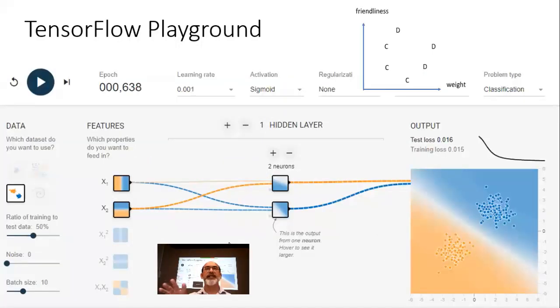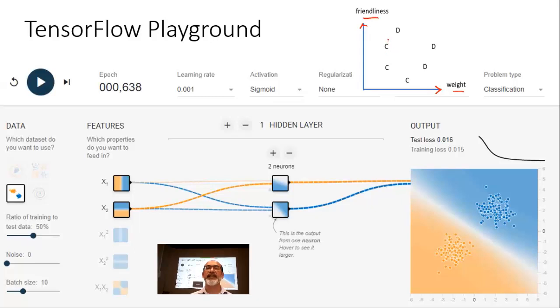Before we actually see it live, let's take a look at the screen and try to understand what it's actually depicting. If you recall, we had looked at an example of differentiating between dogs and cats, and here we had two parameters, two features as we've called them: weight versus friendliness.